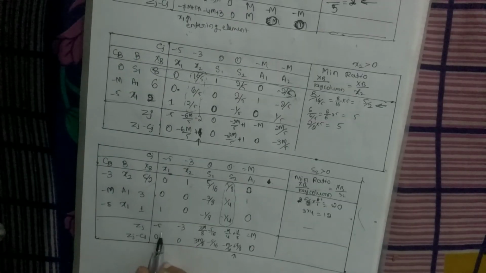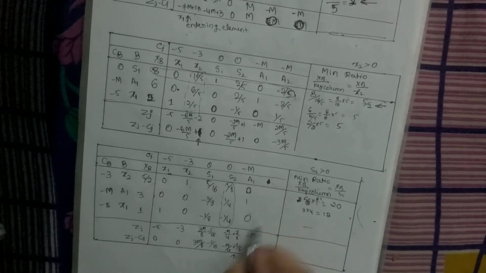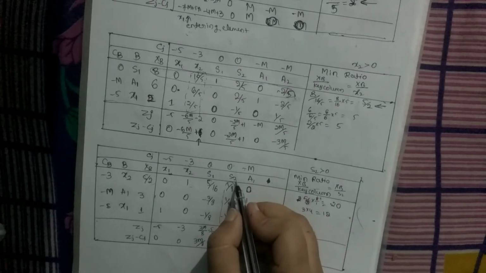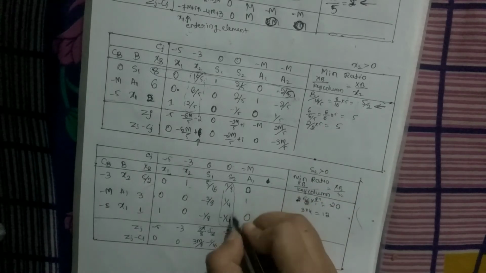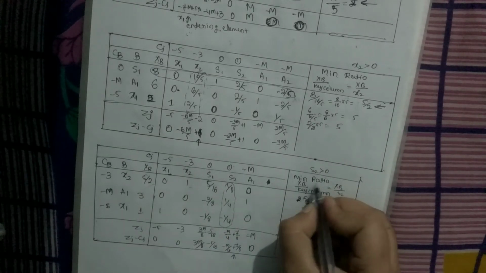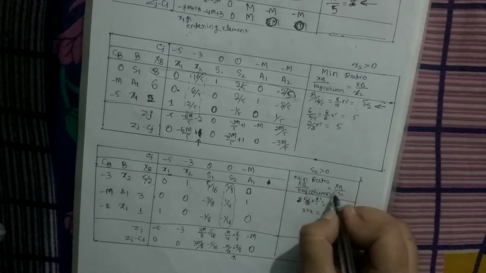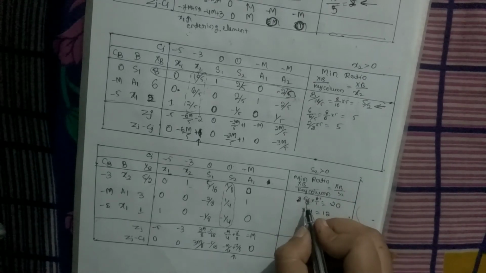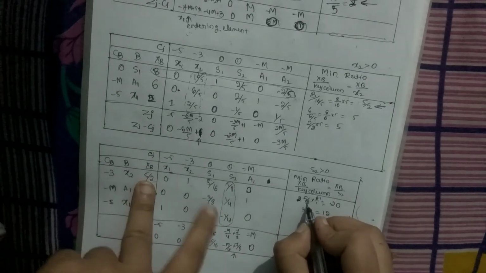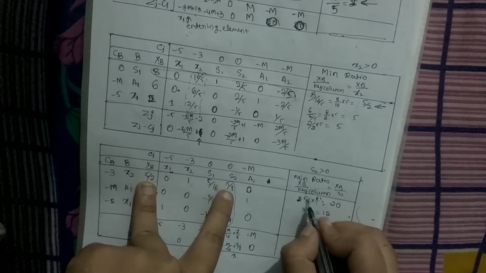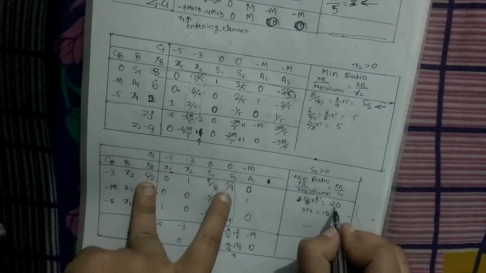Here also the same procedure to find Zj and Zj minus Cj, and here S2 is the entering element. Using S2 we have to find the minimum ratio, that is xb divided by the key column. Key column is S2, so xb is 5 by 2 divided by 1 by 8, becomes 5 by 2 into 8, the answer is 20.